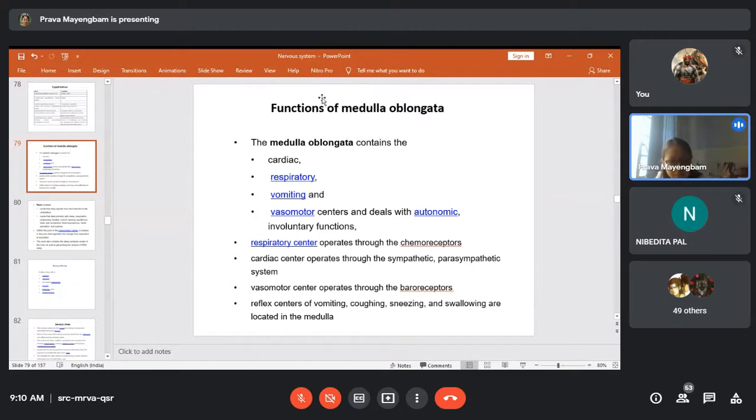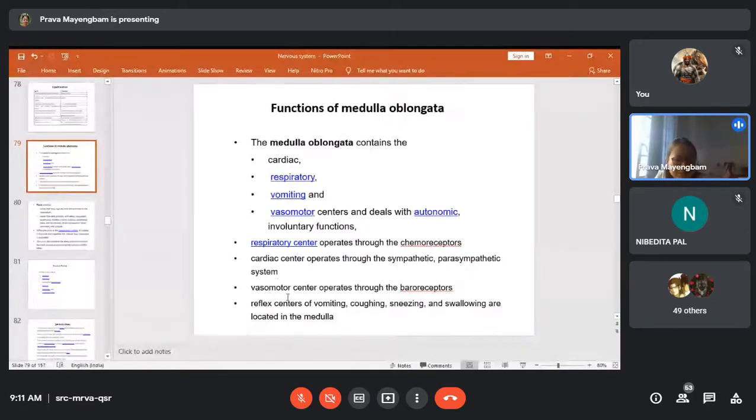So the cardiac center in the medulla oblongata works through the sympathetic and parasympathetic systems. The sympathetic nervous system stimulates the heart rate, while the parasympathetic activity inhibits it. They work side by side.